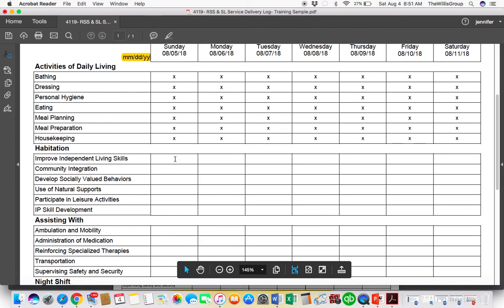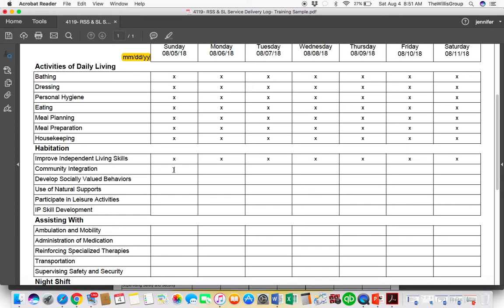In the next boxes, this is for individuals. We're going to check off on these because we're always going to be trying to improve independent living skills. This means that we're doing something that's going to help the individual in the future become more independent in their living.